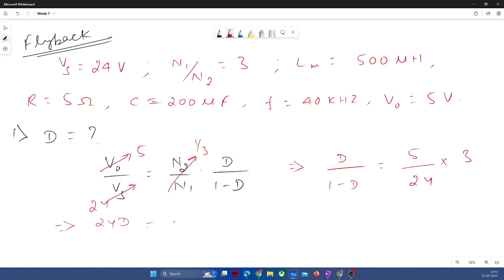so D is 15 by 39. It's converted to 0.06?